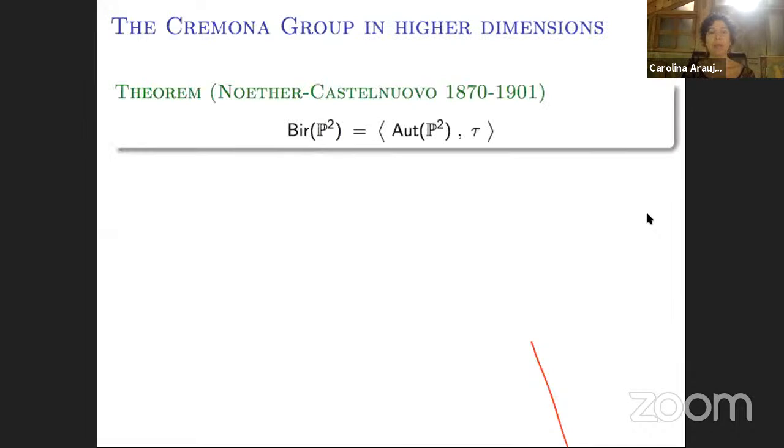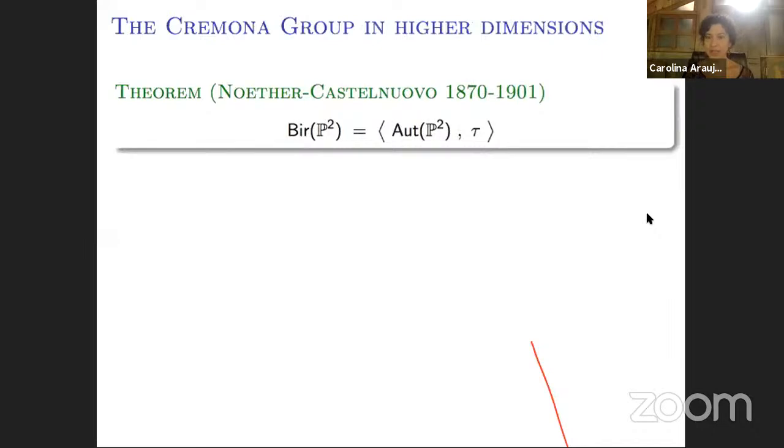Now let me discuss the Cremona group in higher dimensions. There is a big difference between dimension 2 and higher dimension. I recall the Noether-Castelnuovo theorem that gives us a strong factorization for the Cremona group in the plane.